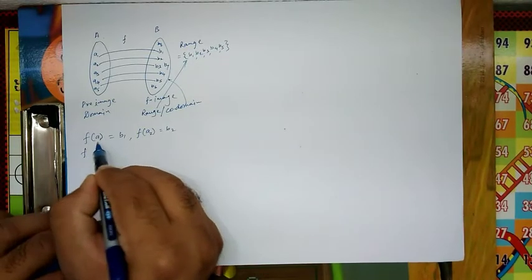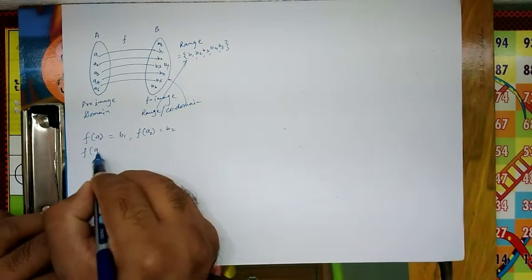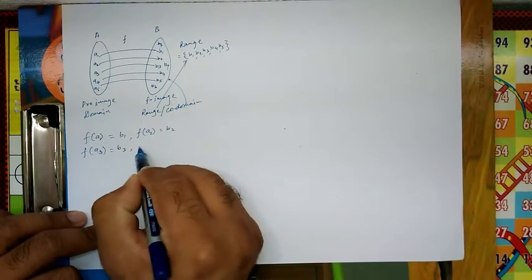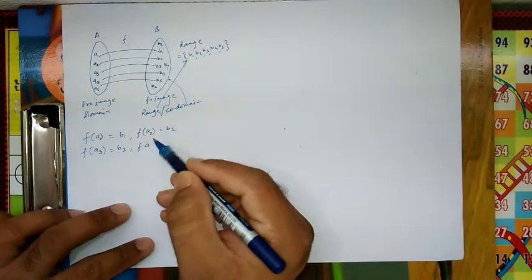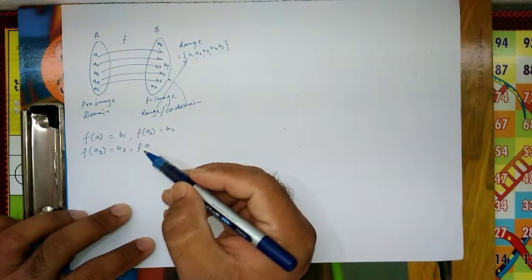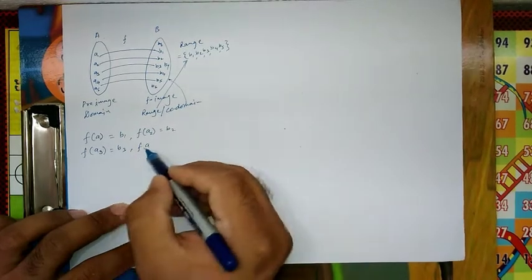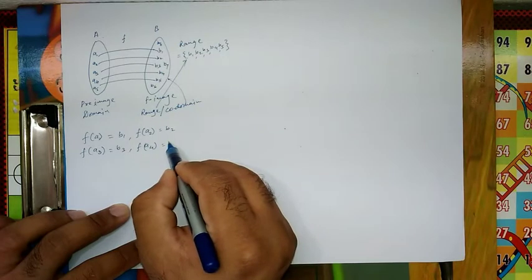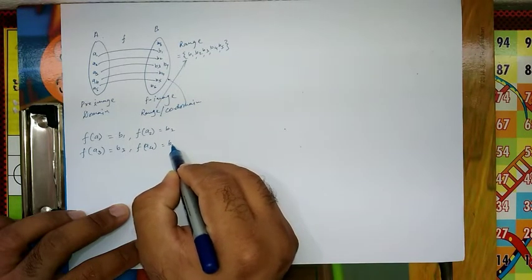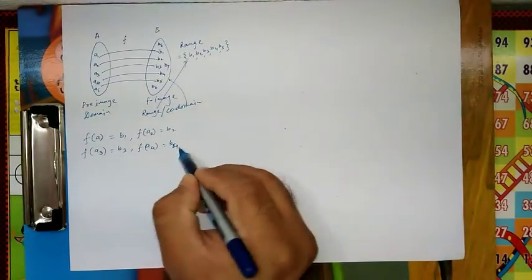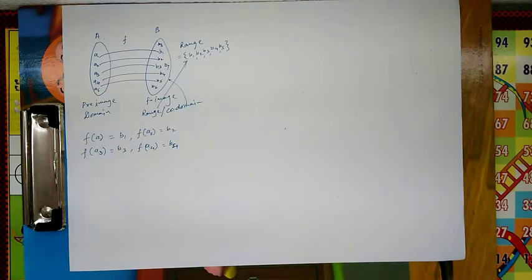F of A3, I'll get B3. F of A4, I'll get B4.